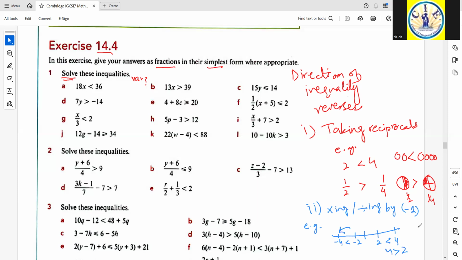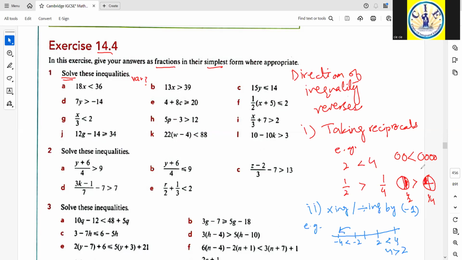So in these two conditions, the direction of the inequality reverses. When we solve questions involving inequalities, they are to be solved like this.